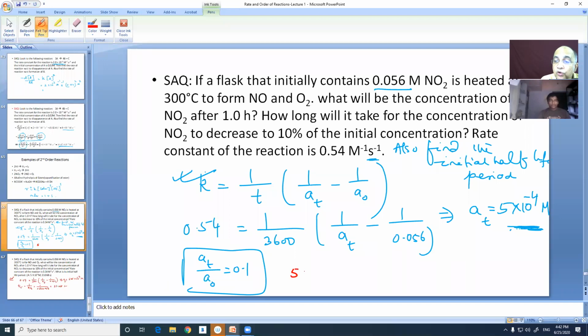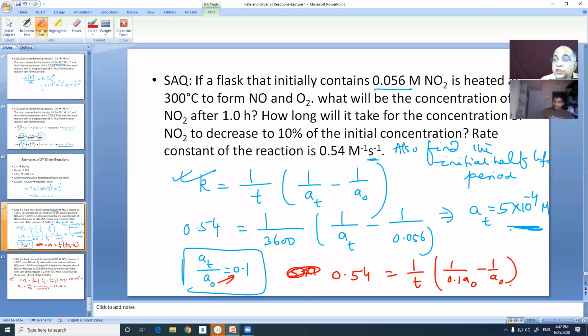K is known, K is 0.54, equal to 1 by t, t is the unknown, and 1 by A, this will be A is equal to 0.1 into A0, minus 1 by A0.